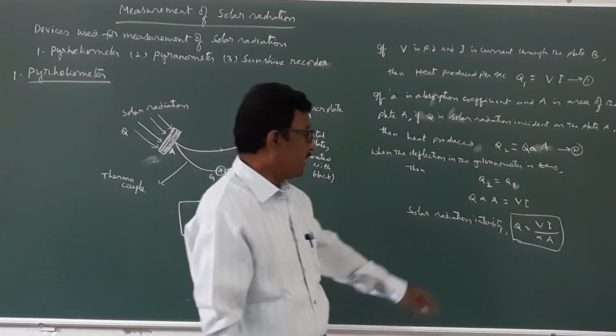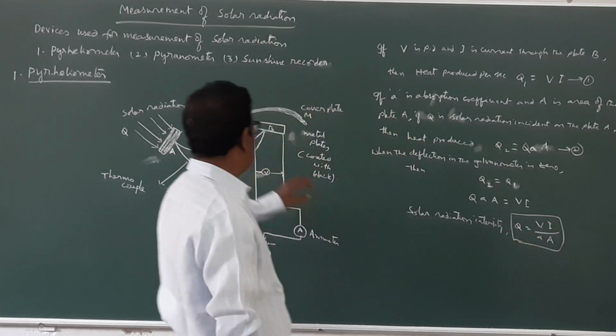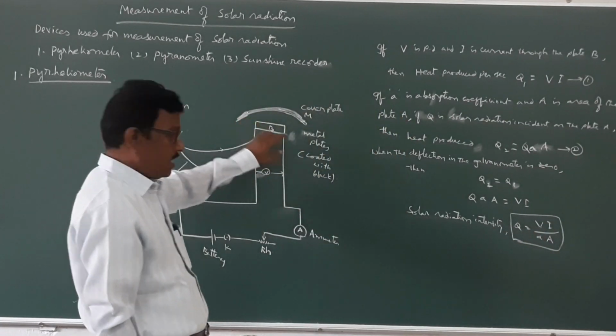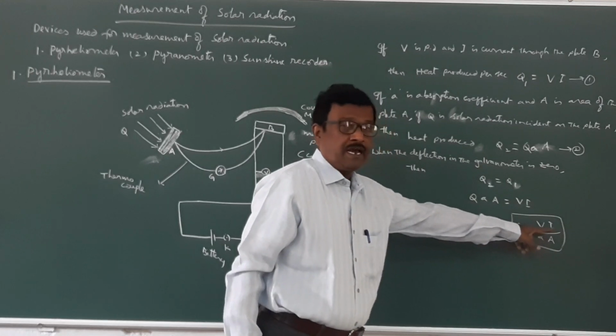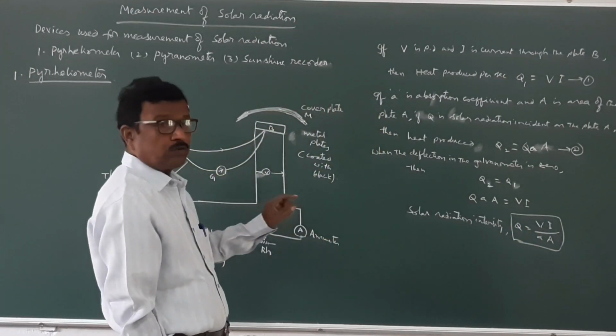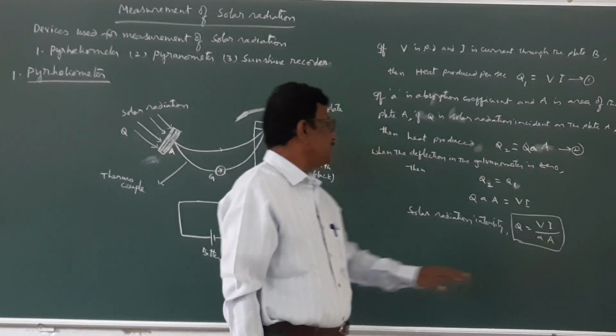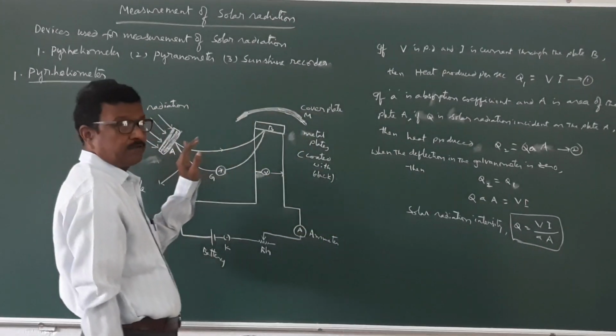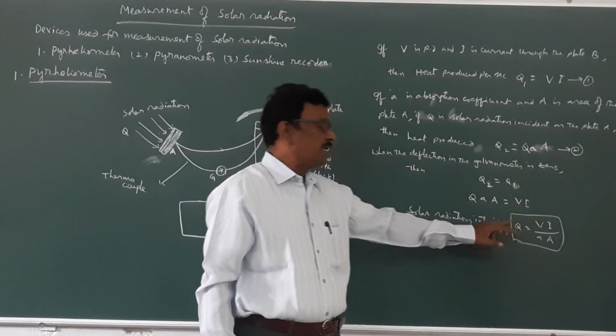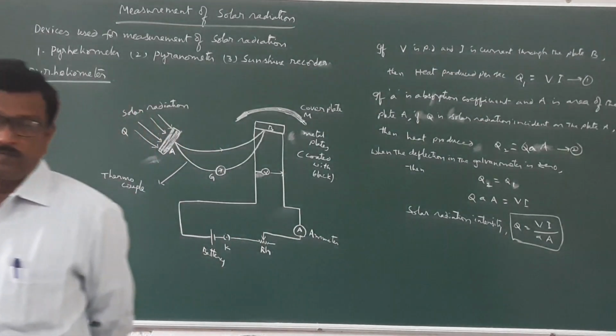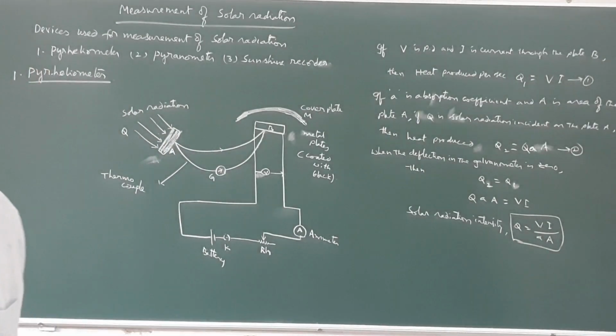Therefore, by measuring the potential difference across the plate B and the current I passing through the circuit, and by knowing the surface area of the plate and its absorption coefficient, the intensity of solar radiation can be measured.